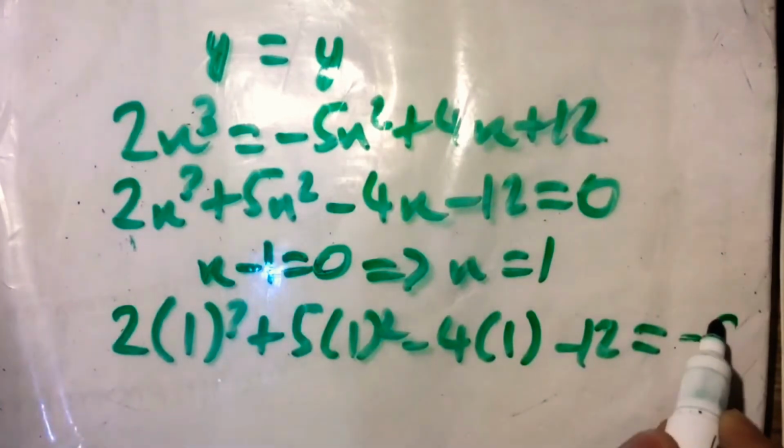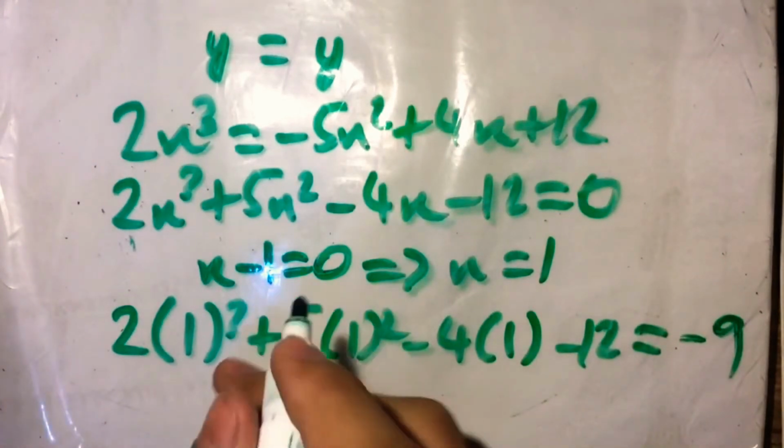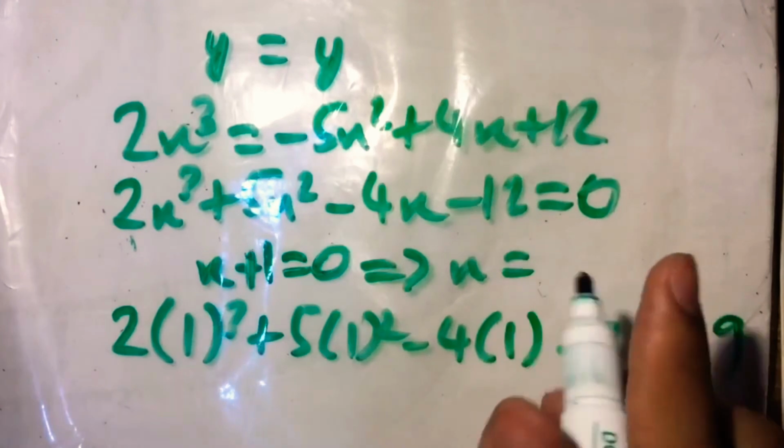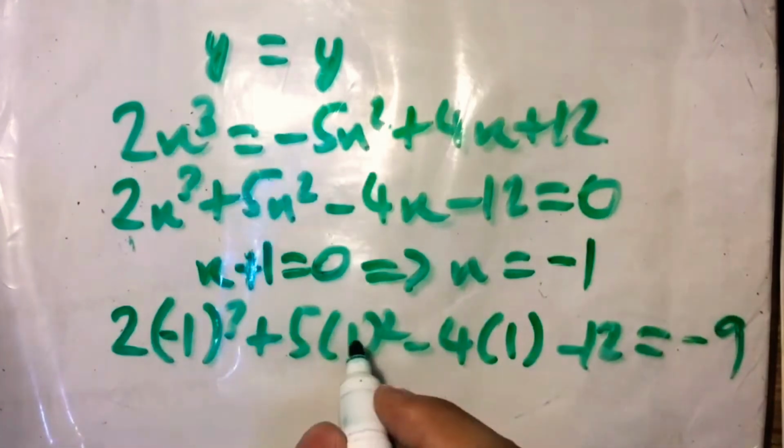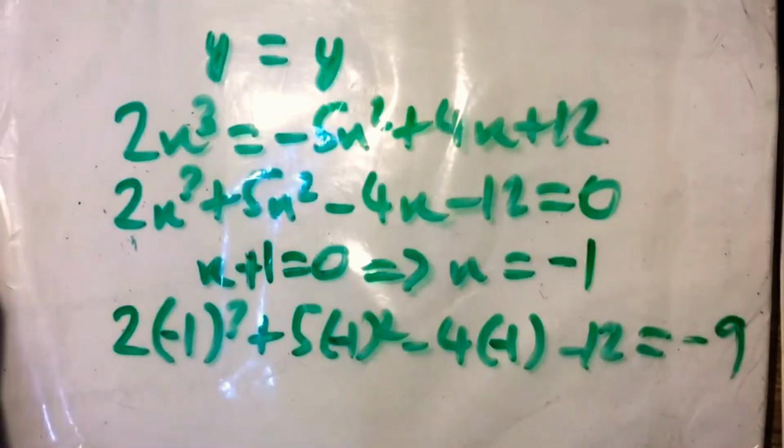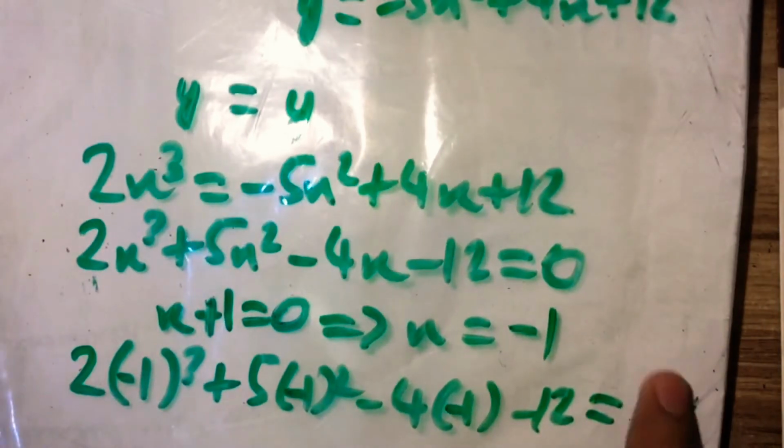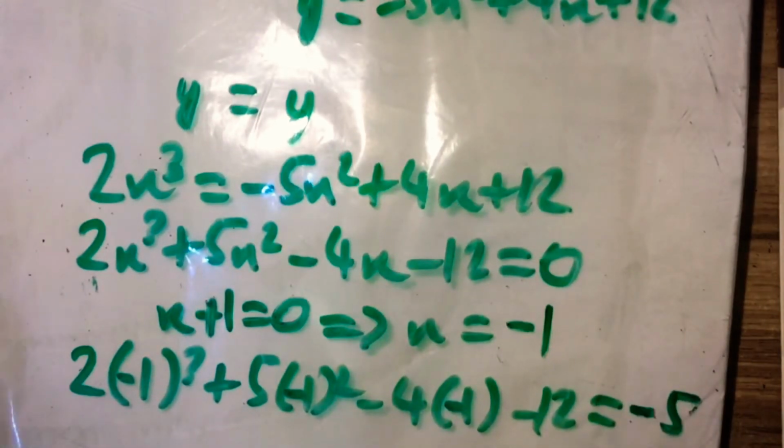This is coming equals to minus 9. Now we'll take x plus 1, so this will be minus 1, we'll get minus 1. This is coming equals to minus 5, so even this is not a factor.